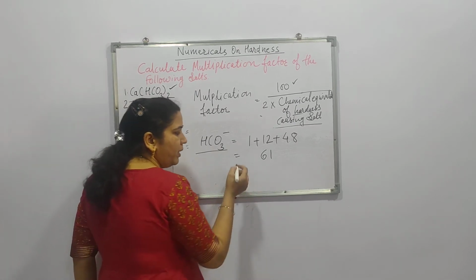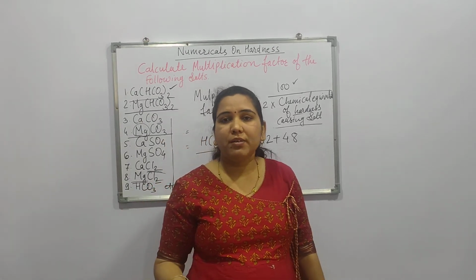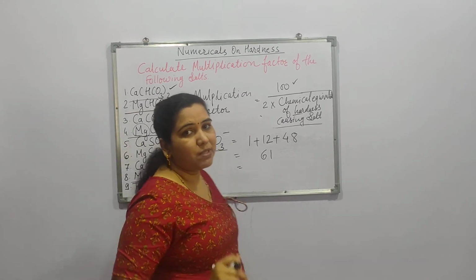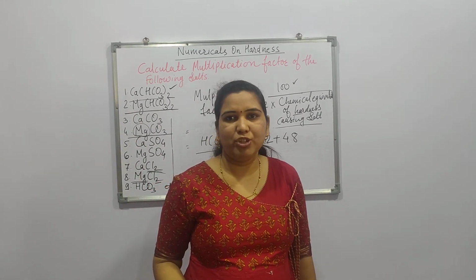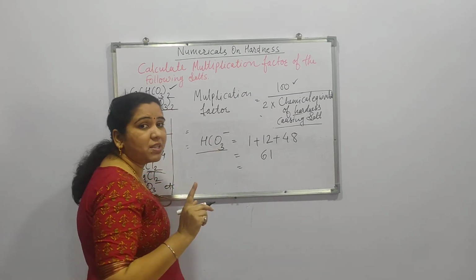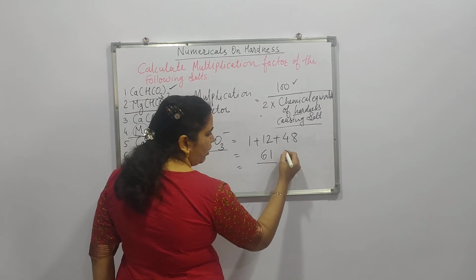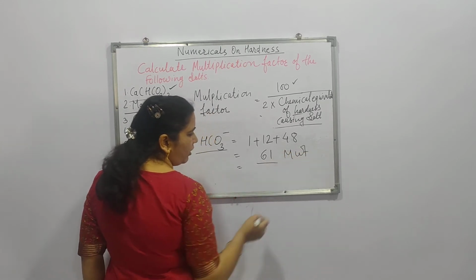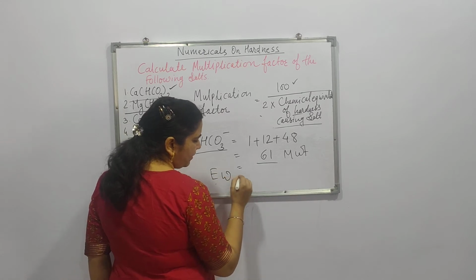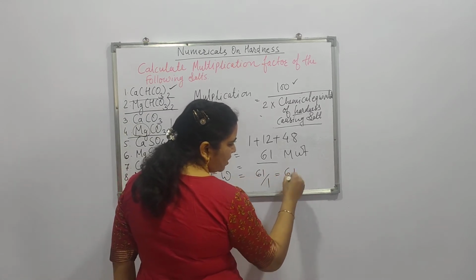Now what will be its equivalent weight? Here there is no valence or positive charge, but as this ion is negatively charged, it must be stabilized by a single positively charged ion. So we will consider its valency plus 1. The equivalent weight is 61 upon 1, that is 61.